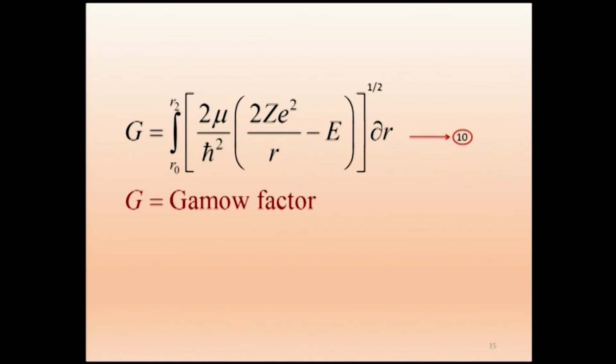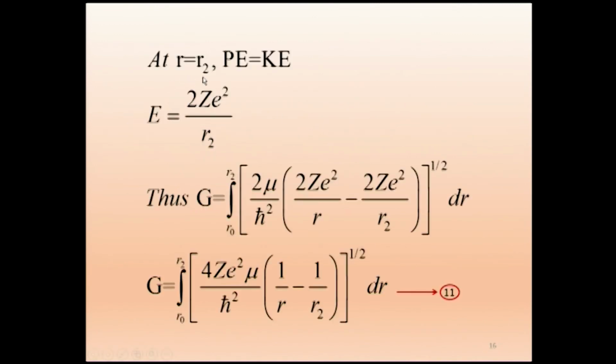Now what we need to do is find the expression for the decay constant. Now see this part E, I have to write as 1 by this part E. I want to write it in terms of the potential here. At R equal to R2, potential energy is equal to kinetic energy.